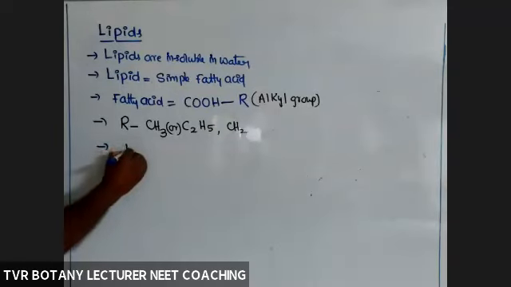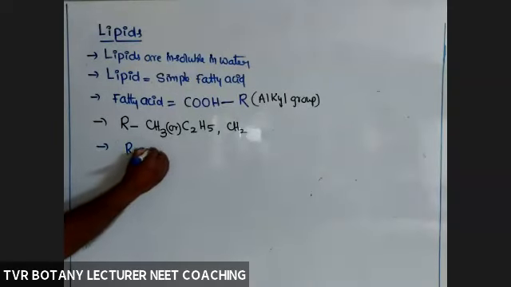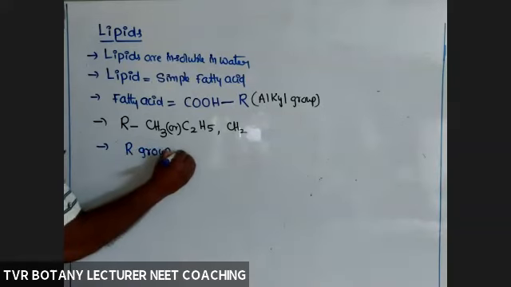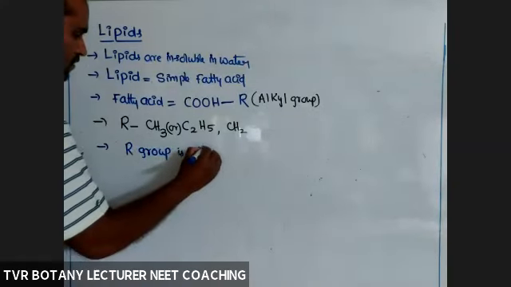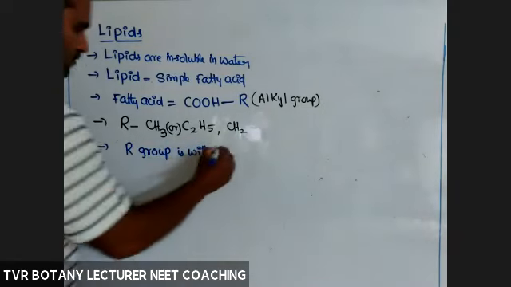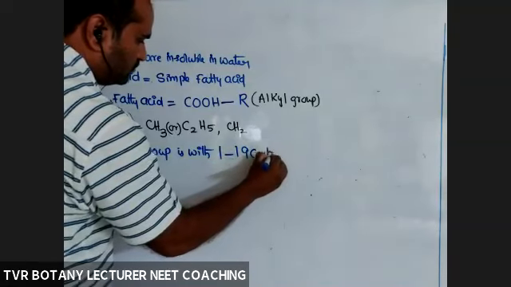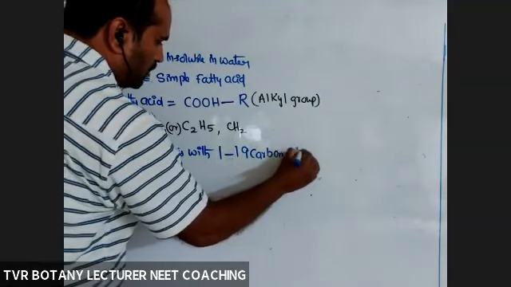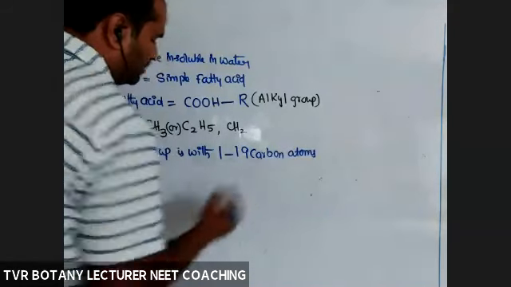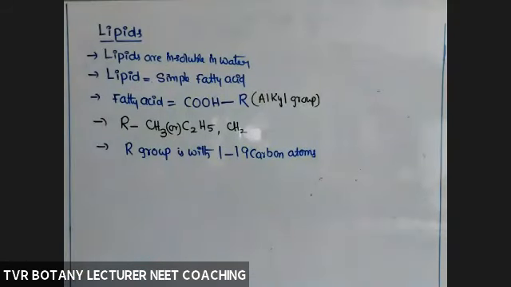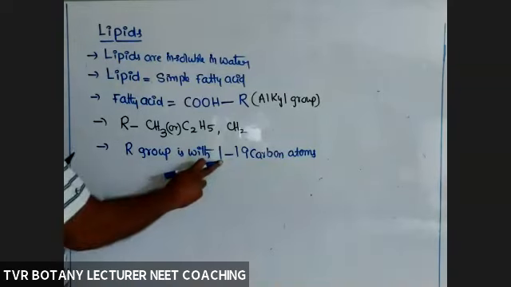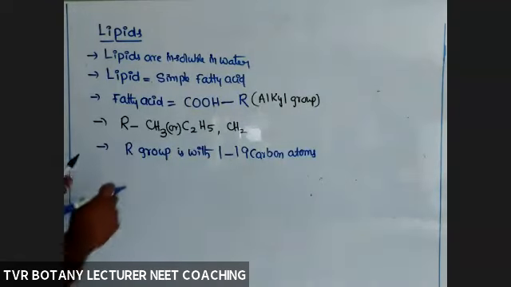According to textbook, R group is variable, 1 to 19 carbon atoms. So R group is represented by minimum number of carbon atoms, for example only methyl group, 1 carbon atom, or CH2, CH, like many. So like that, minimum number of carbon atoms 1, maximum 19.